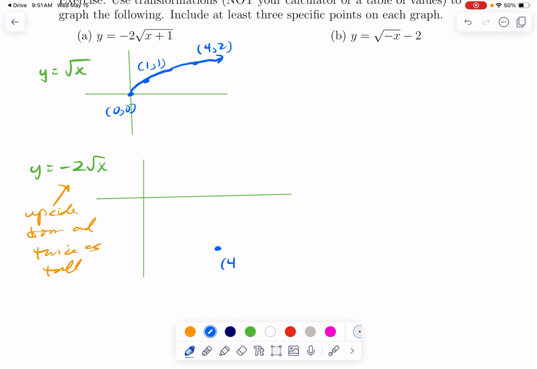So I'd have a point at (4, -4). Here, when x equals 1, I have y equals 1. Multiply that by negative 2, and I get (1, -2). This first point, if y equals 0, multiplying that by negative 2 still keeps it at 0. So it is upside down and taller than it used to be.